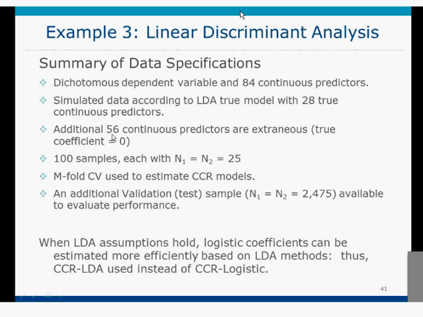So all of the additional 56 predictors are extraneous. What I did is generate 100 samples. So this is all in this test data, 100 samples, each with N1 equals N2 equals 25 cases. Then again, we're using M-fold cross-validation to estimate the CCR models.